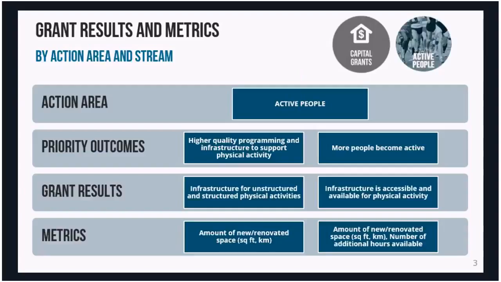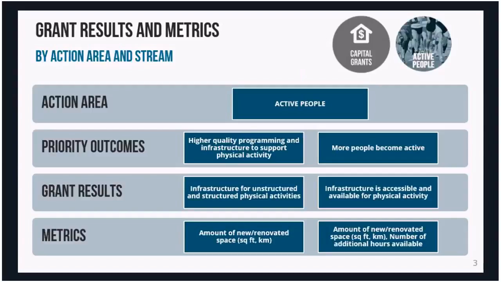Unstructured activities are less organized, generally self-directed, often with limited or no rules. For example, jogging, riding a bike with friends or family, playing in the park, or hiking a trail. Structured activities would be more formal, often with rules and specific objectives. In other words, sports training and competition and organized exercise programs.